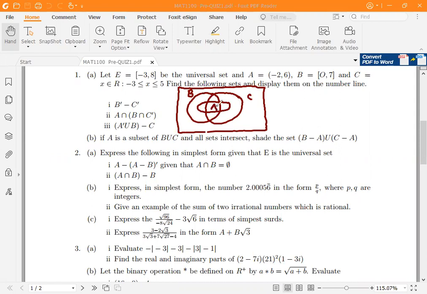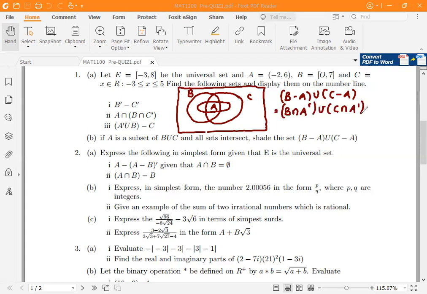This is A. Then we want to shade B minus A union C minus A. So this is like B intersection A complement union C intersection A complement.